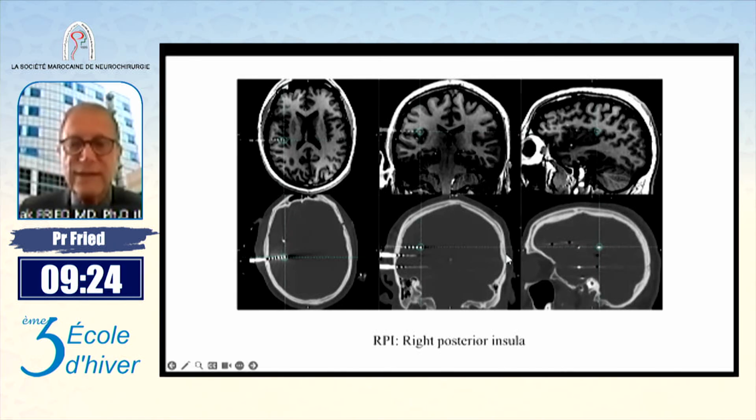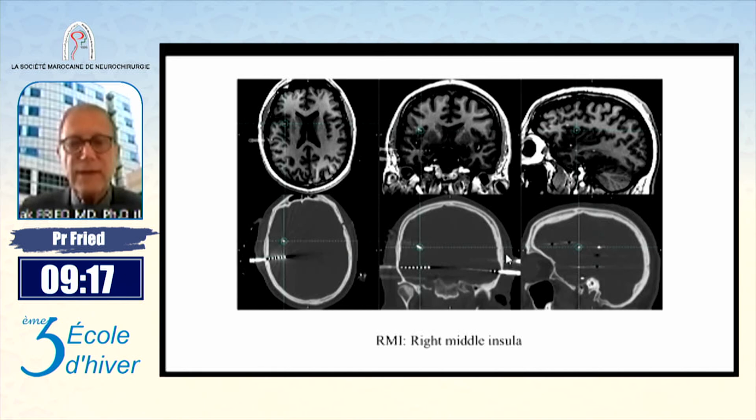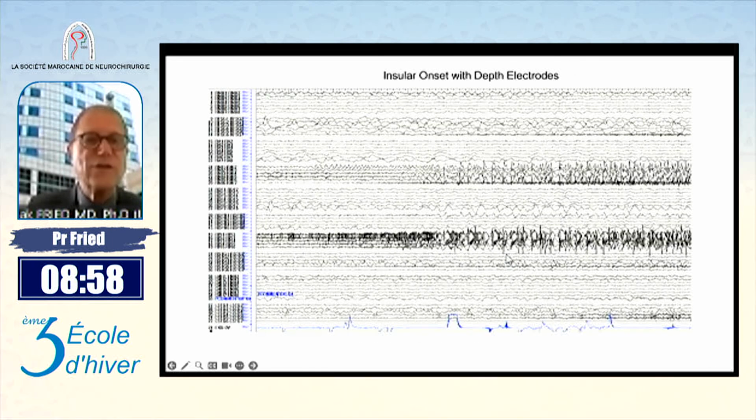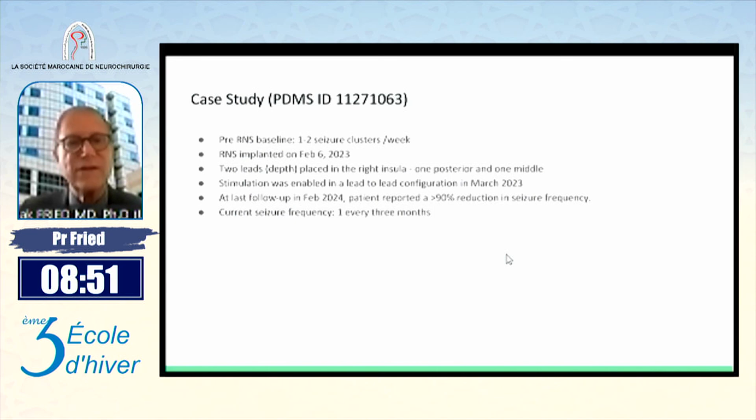This is a posterior insular targeting, and here the right middle, here, right operculum, which was also implanted here, in what we call an OPR-AI, meaning we sample the operculum, but we also get into the anterior insula. And we could see the onset of the seizure here. You cannot read it here, but it was mainly MI and PI, middle insula and posterior insula.